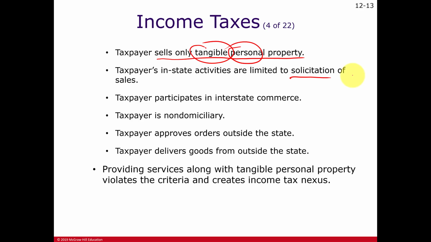Here it says those sales have to be approved by your domicile state. Also, you can just take orders in that other state. And when you deliver the merchandise, it has to be by a delivery service, not by your own employees or your own delivery service. It has to be like the postal service or UPS or FedEx.